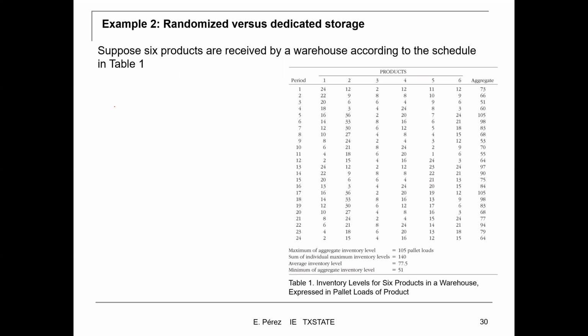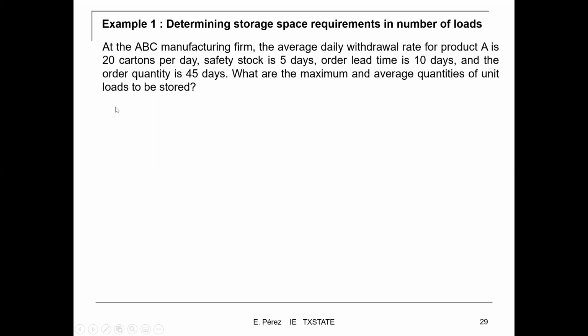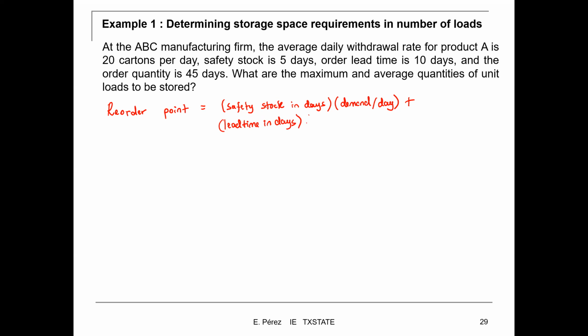The first one is the reorder point, which is equal to the safety stock in days times the demand per day, plus the lead time in days times the demand per day.